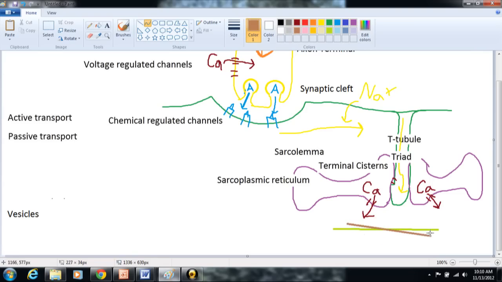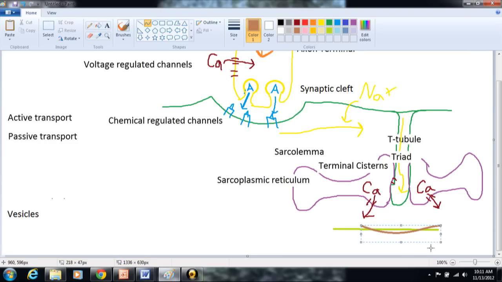Okay, the troponin and tropomyosin wrap around, this is not a very good drawing, but they wrap around the actin. When they receive that signal from calcium, they shift and they expose the myosin binding sites, which then allows contraction to occur. So that allows ratcheting between actin and myosin.